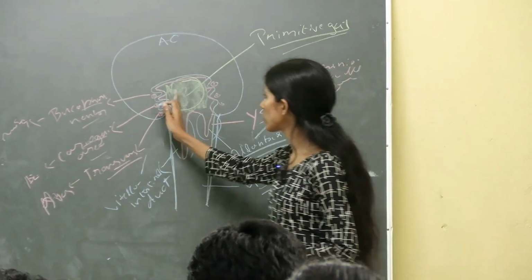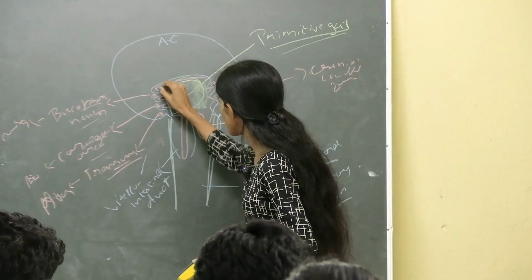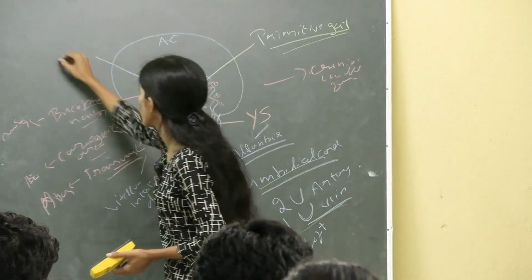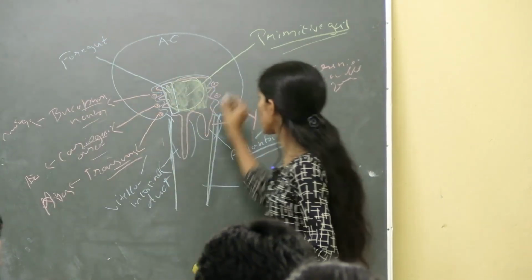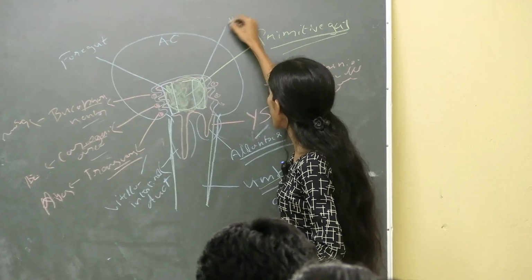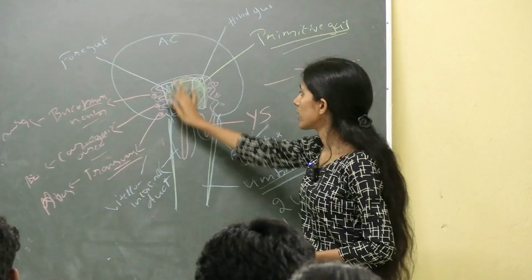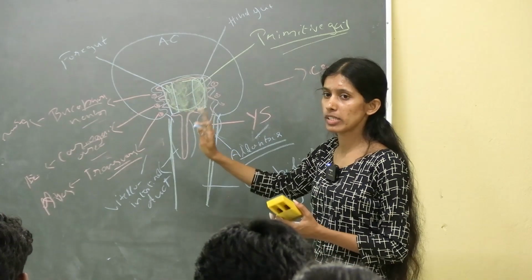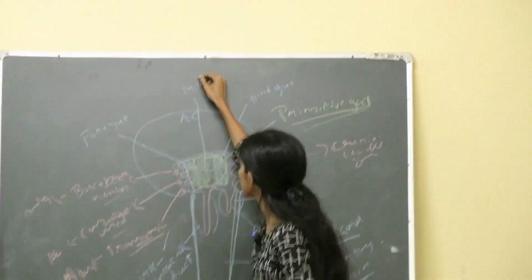The part which is closer to the head region is called foregut. The part which is closer to the toe region is called hindgut. The gut present between your foregut and hindgut is called midgut.